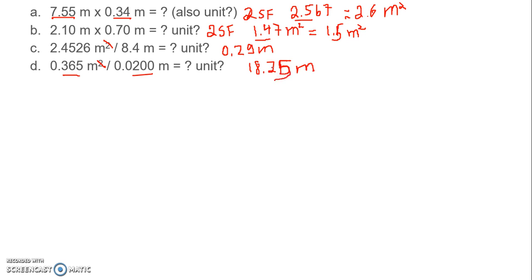Okay, sorry about that. So you need 3 sig fig, so it ends with 2, but the number immediately after 2 is 5, so you will round it up to 18.3 meter.